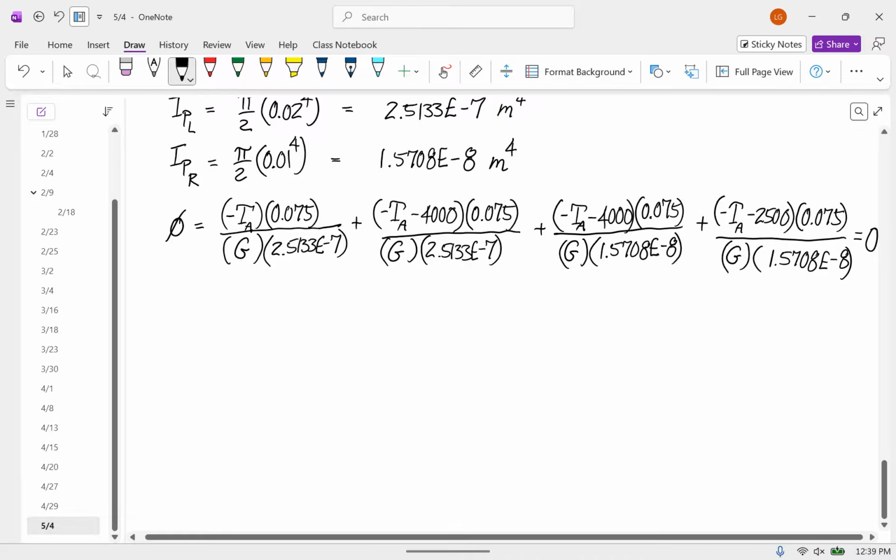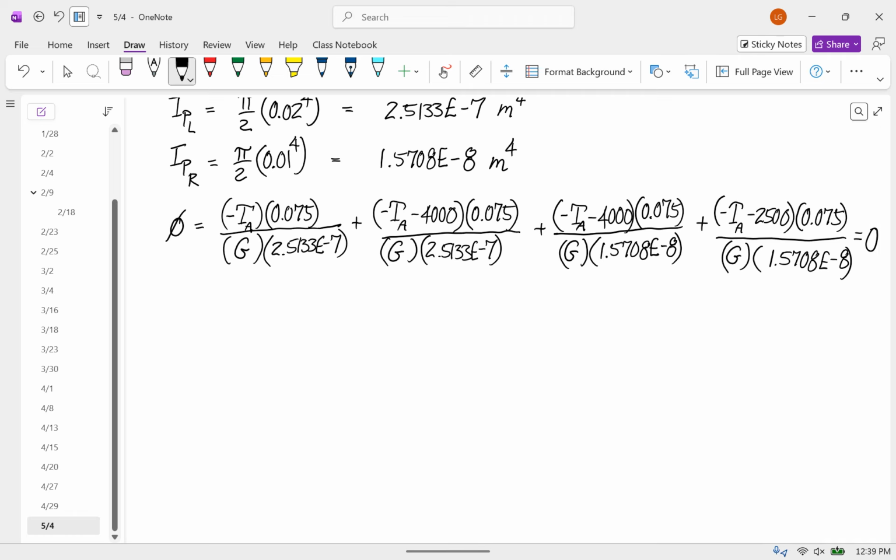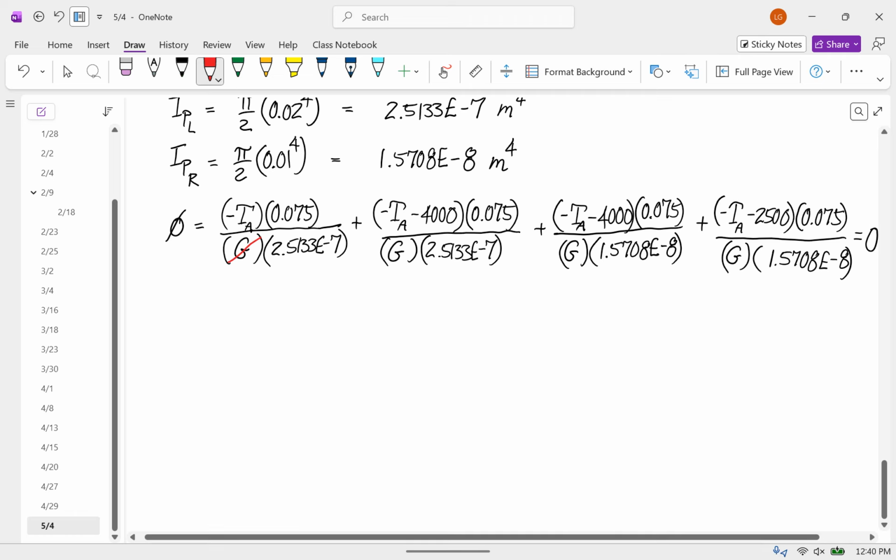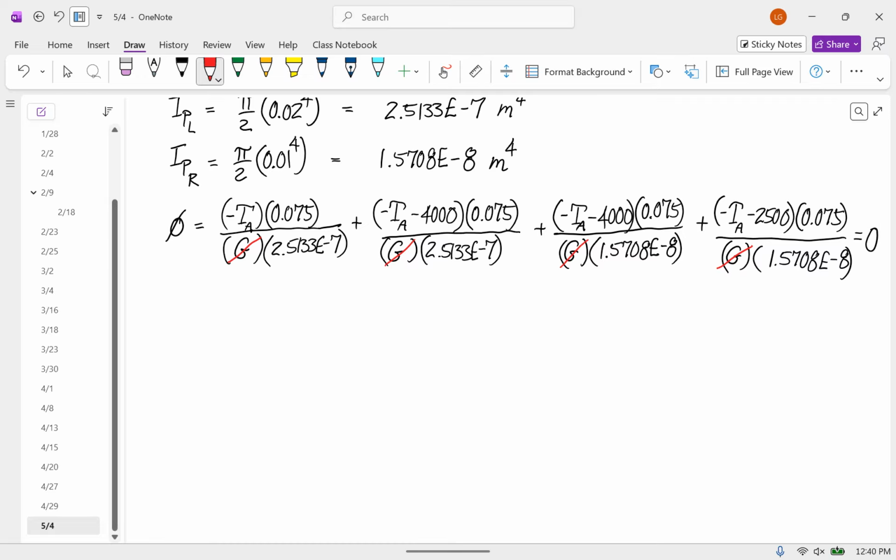And since everything's divided by G, you can multiply both sides by G and get rid of that. That's why that doesn't come into the calculation. And so, yeah, you can. That's right.